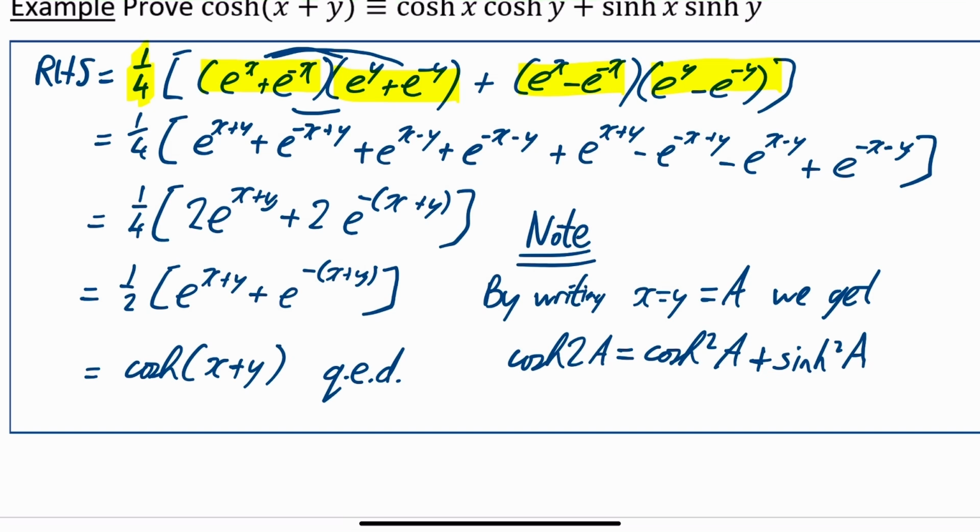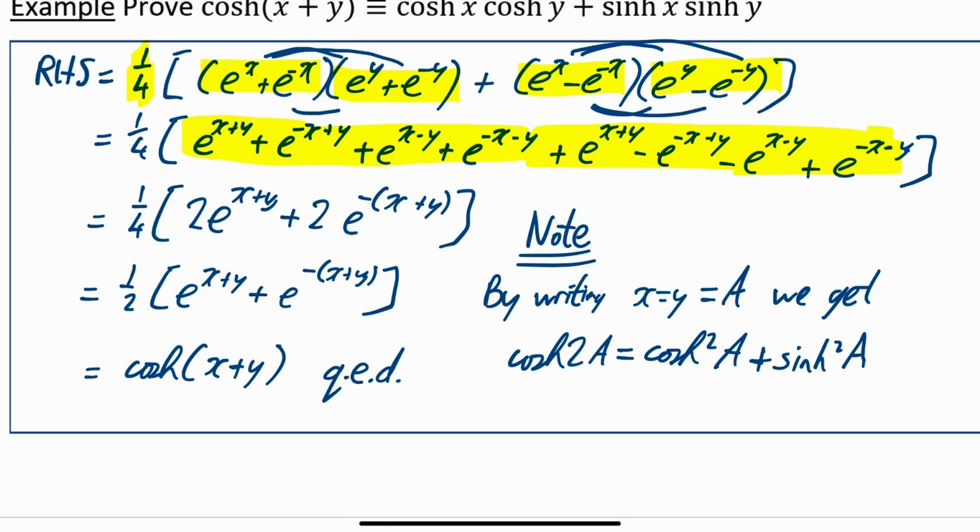So there we've multiplied out those 4 things. Next bracket, you've got e to the x times this, e to the x times this, minus e to the minus x times this, minus e to the minus x times this, and again, this is where these 4 terms come from.